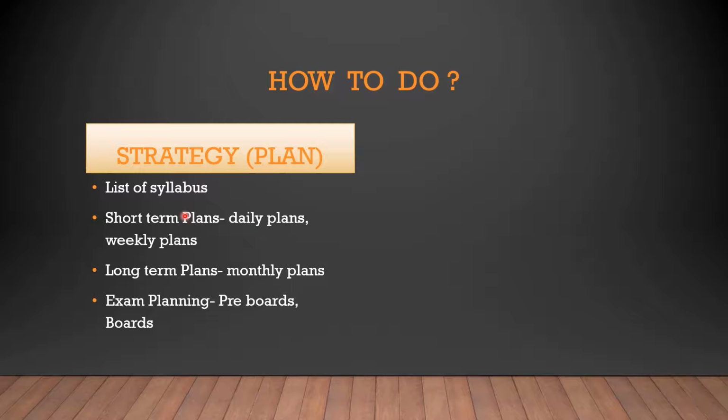Plans are of two types, short term and long term. For short term, you can make plans on a daily basis and weekly basis, and for long term, you can make plans on a monthly basis.